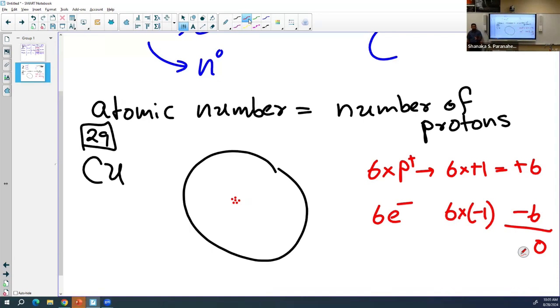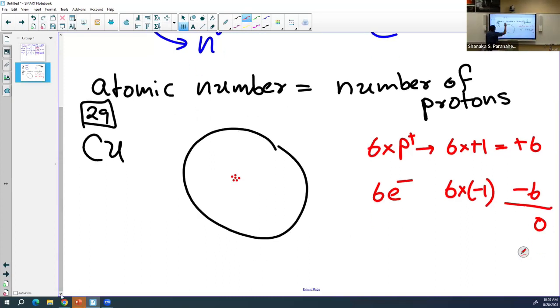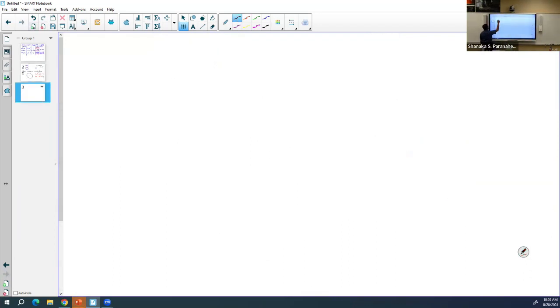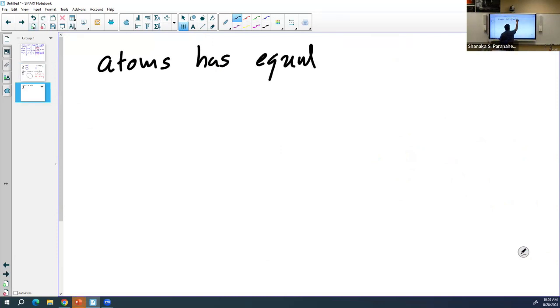There are some particles which are not going to be neutral, and we are not going to call those atoms. If it is not neutral, with an unequal number of protons and electrons, it is called an ion. Let me write this information. Atoms have an equal number of protons and electrons.